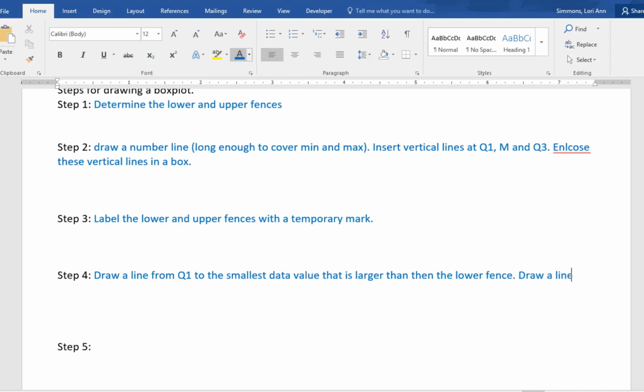Draw a line from Q3 to the largest data value that is smaller than the upper fence. These lines are called whiskers.